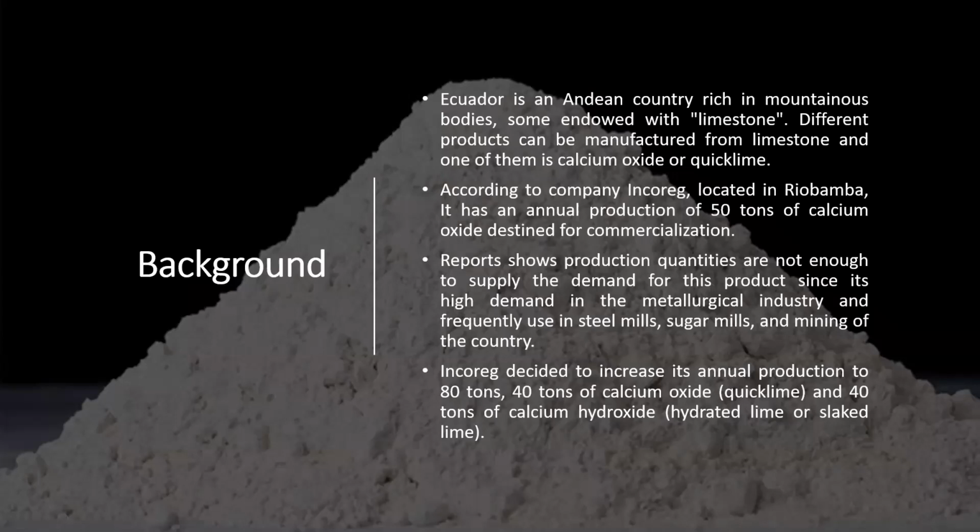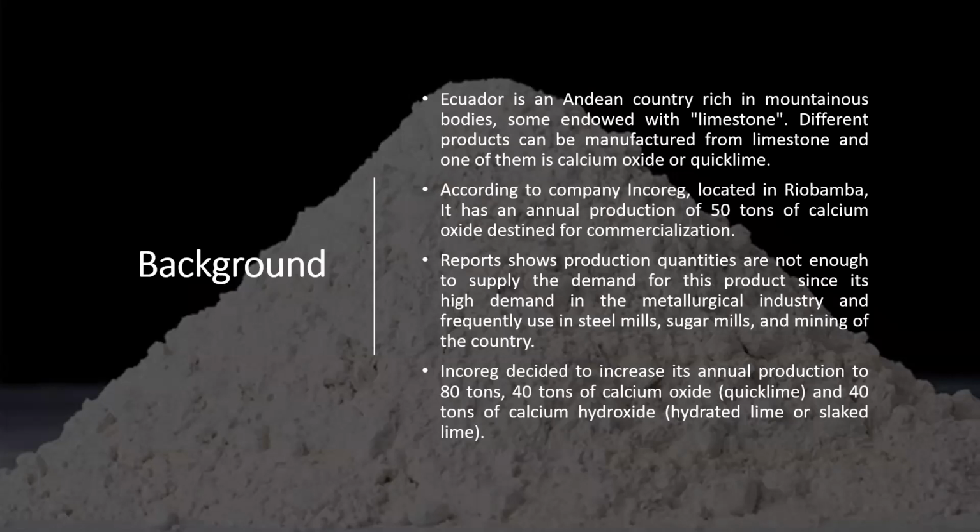Ecuador is an Andean country that is rich in mountainous regions, and from some of those regions we can get limestone. Limestone is a type of carbonate rock, which is the main resource for producing quicklime, also called calcium oxide.